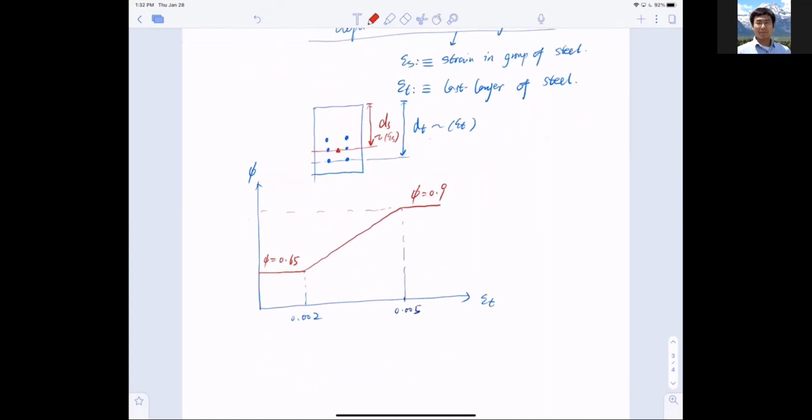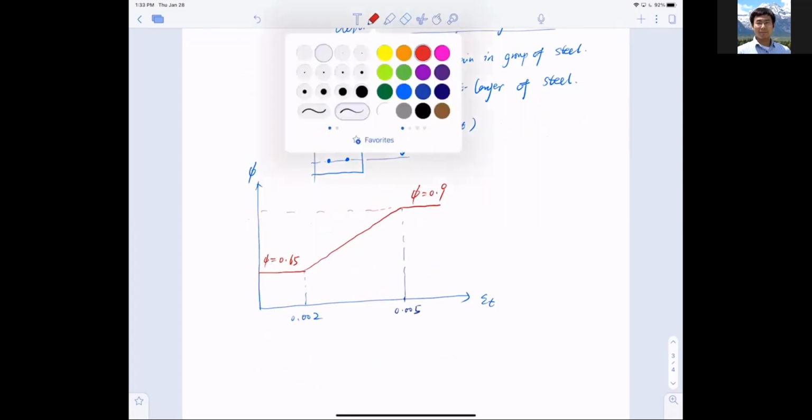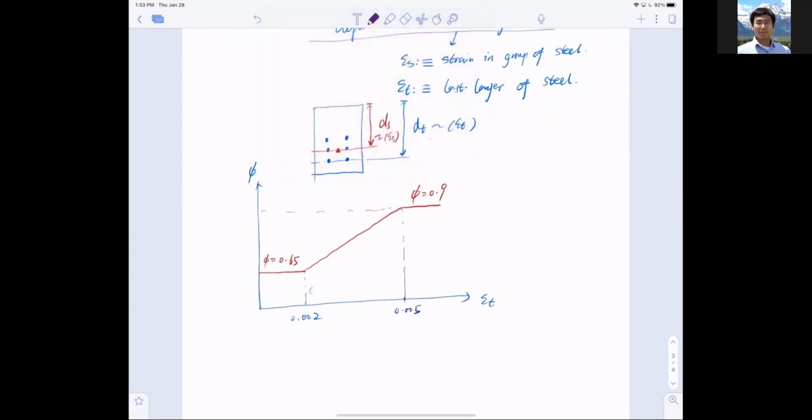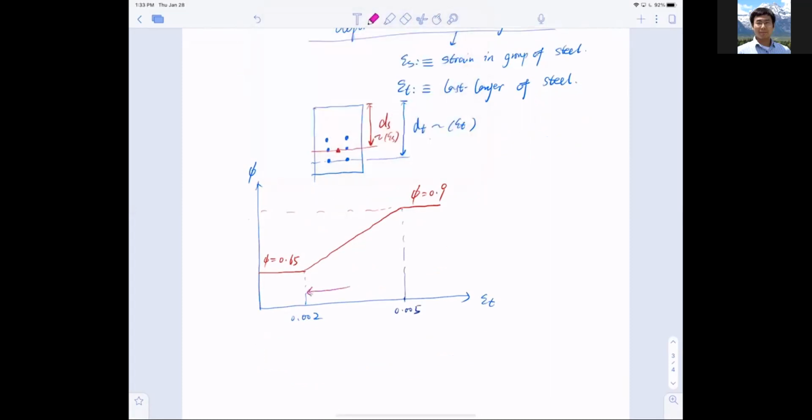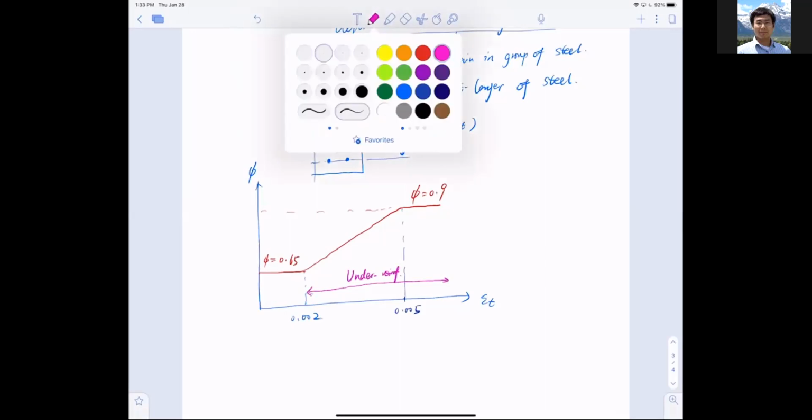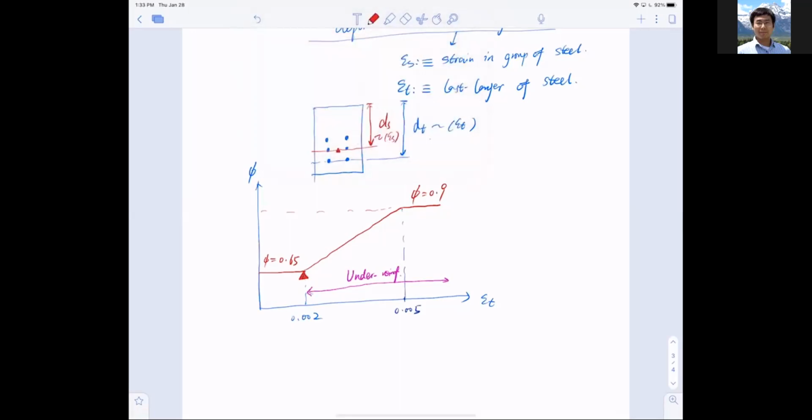In this section here, let me use a different color coding. Remember, we call this under reinforced, and we call this the balanced point.